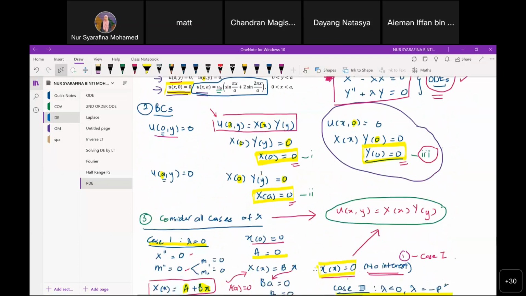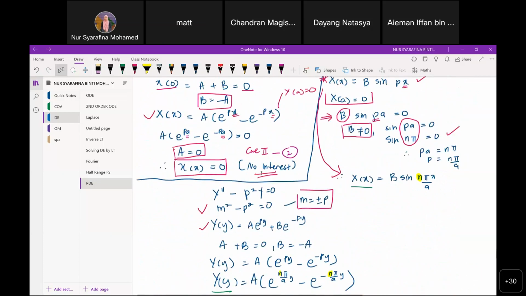So substitute y equals 0 here, then it equals 0, then b equals minus a. And when b equals minus a, just substitute here, then we have y equals a e to the py minus e to the minus py.